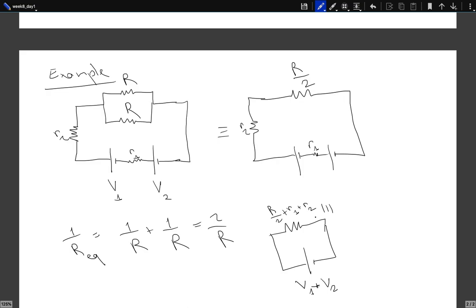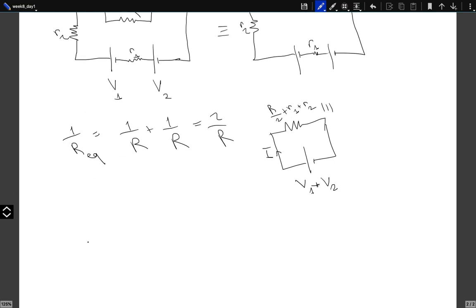Now I have a very simple circuit with one battery and one resistor. So I can determine the current running through this system. So what is I? V1 plus V2 over the total equivalent resistance.